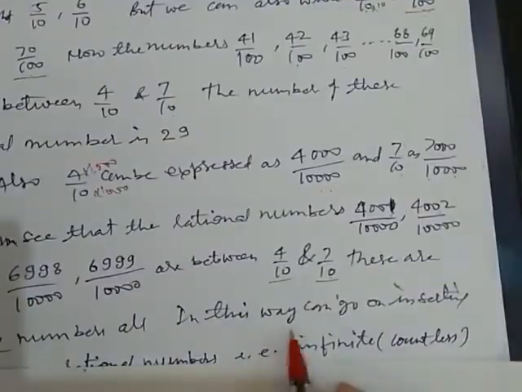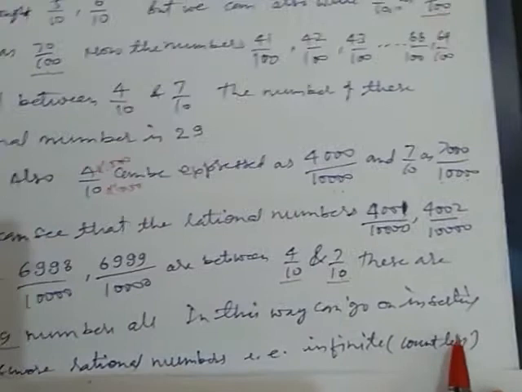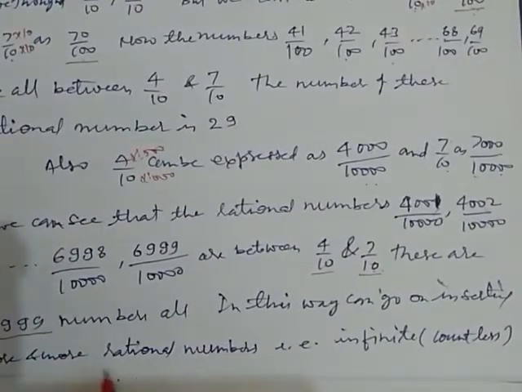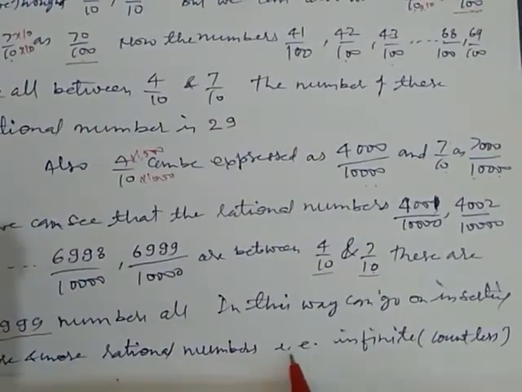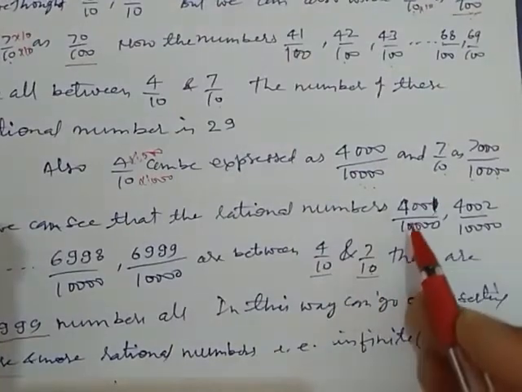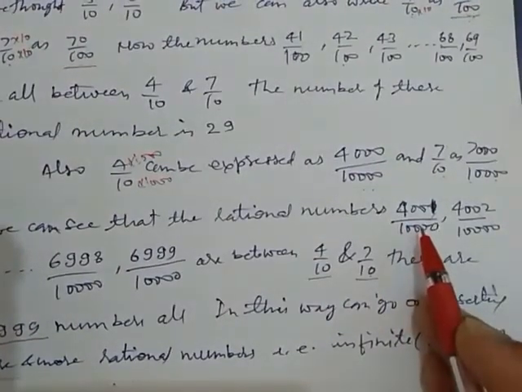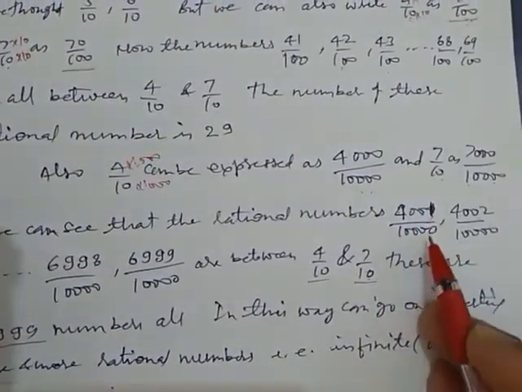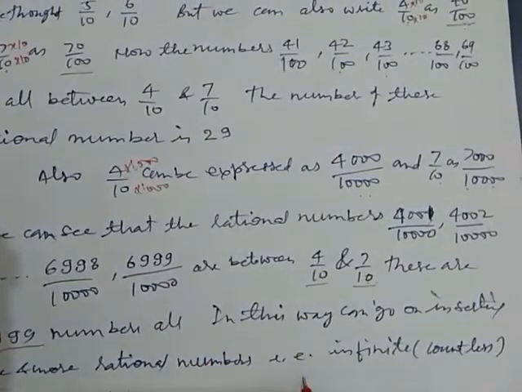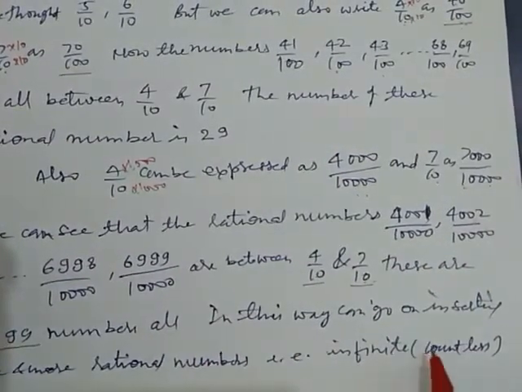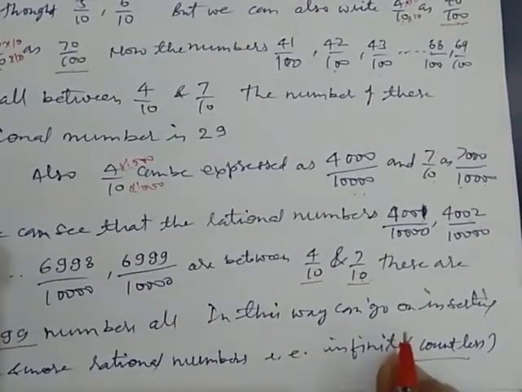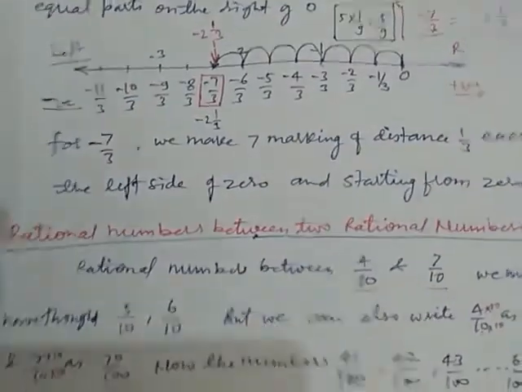In this way we can go on inserting more and more rational numbers. If we multiply the numerator and denominator by a bigger number, we receive more numbers. That is infinite, countless. Now we can consider the next one.